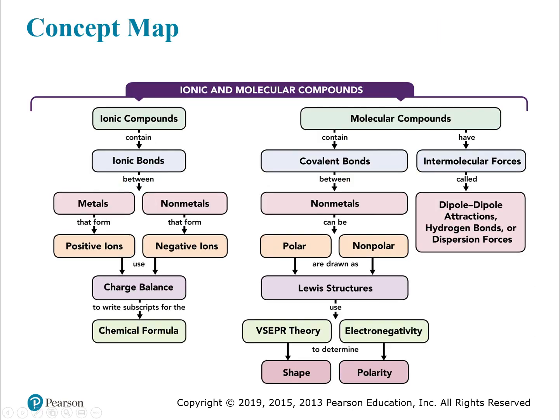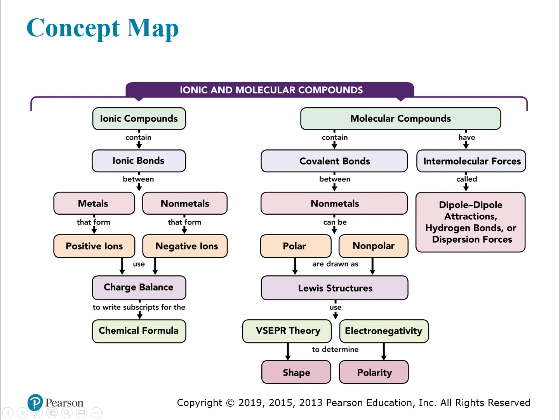This is the concept map for Chapter 6. We talked a lot about ionic compounds in the first video when we did naming. We talked about the positive ions, negative ions, how to write formulas from names.